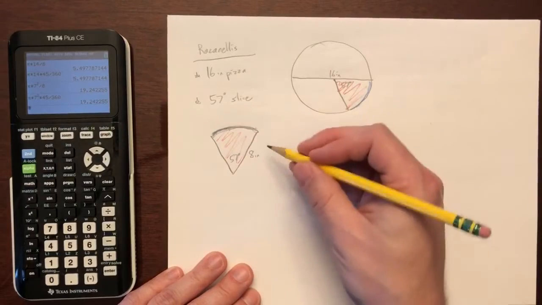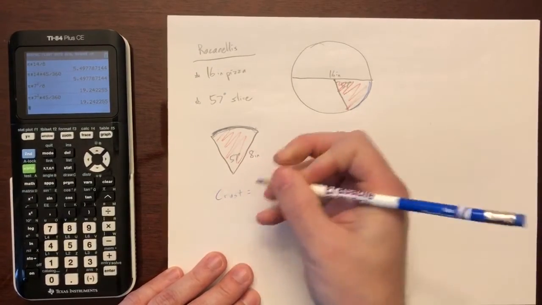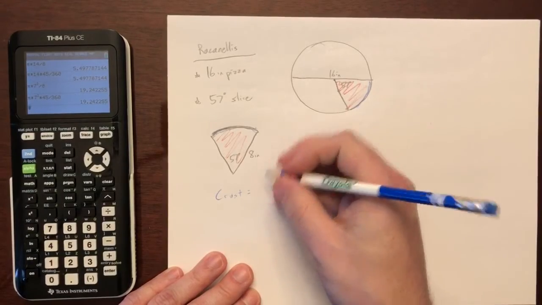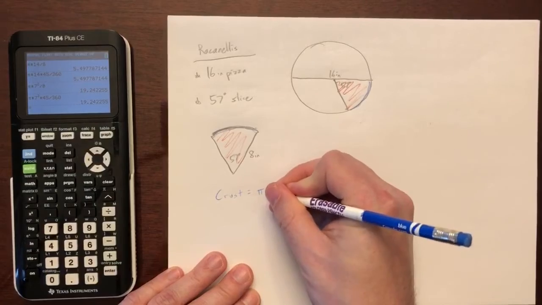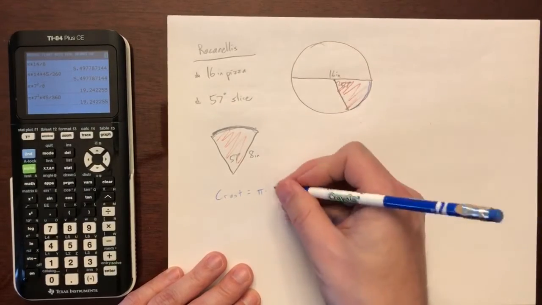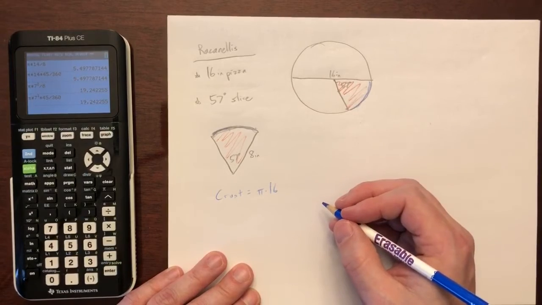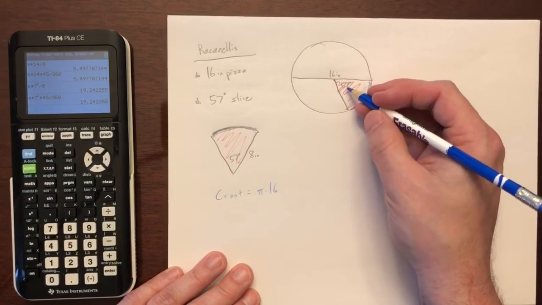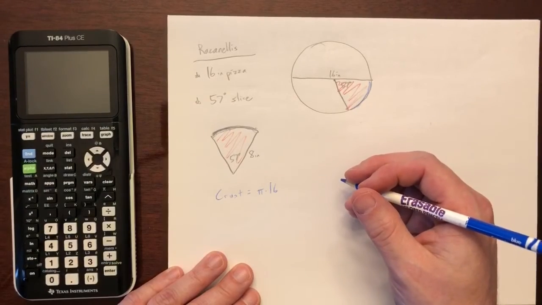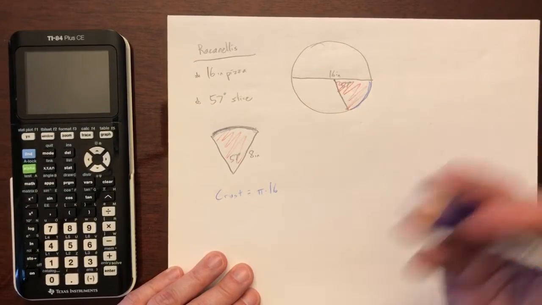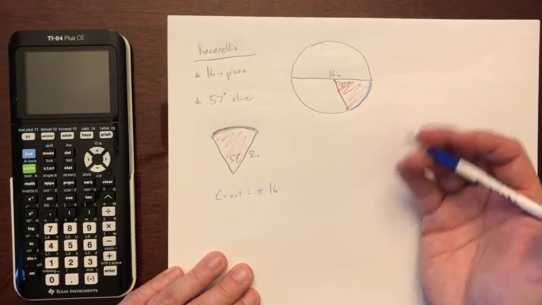So if that's our slice and I want to know how much crust there is, the crust is going to equal the circumference, if it was the full thing, so pi times diameter, in this case 16. But here's where the divided method is not so great. 57 doesn't go nicely into 360. That was just some random slice that they cut. If you've ever tried to slice a pizza or a pie or a cookie cake, it's unlikely you sliced it perfectly.